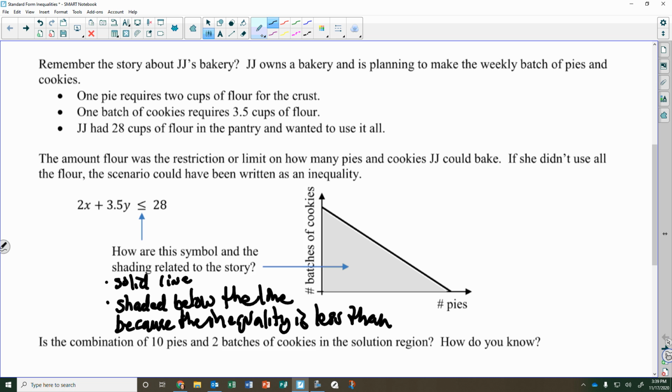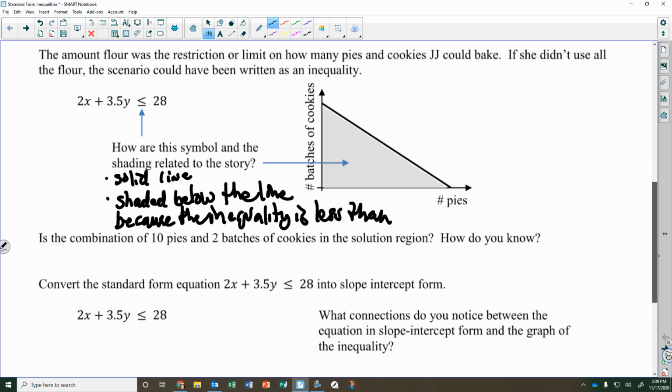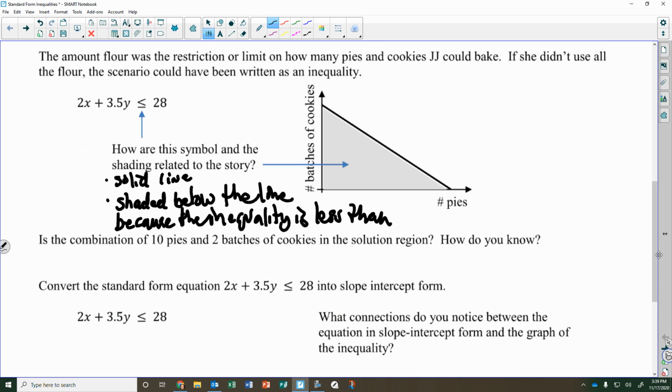Okay, so now they're going to ask us a question. Is the combination 10 pies and 2 batches of cookies in the solution region? Okay, and then it says, how do you know? So if you take the equation, 2 times 10 is 20. 3.5 times 2 is 7.